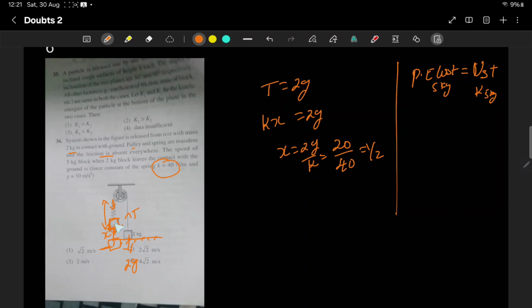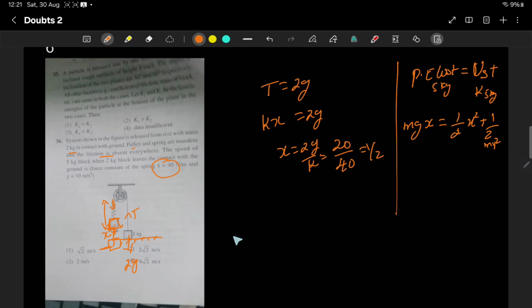This is how energy conservation will take place, because the 2 kilogram block is just lifted, not moving with any velocity, so no kinetic energy will be there. Potential energy lost is mg, this distance is x, mgx. Mgx will be equal to half kx square plus kinetic energy, half mv square.